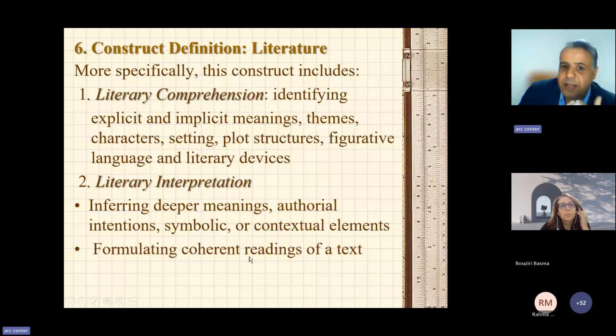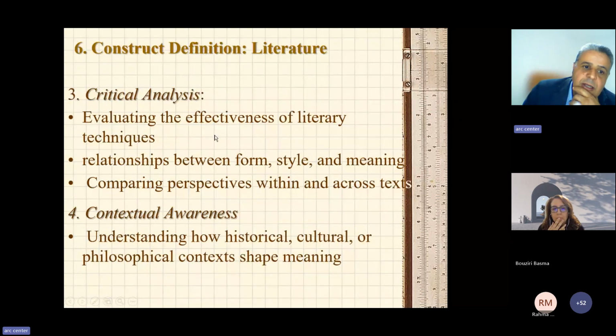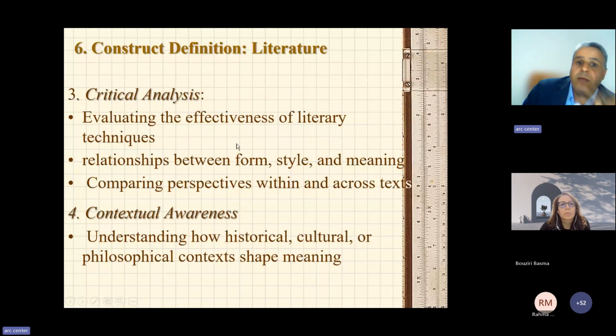Basically, with advanced levels here, we evaluate the effectiveness of literary techniques in a specific work, the relationship between form, style, and meaning, comparing perspectives within and across texts, and then contextual awareness, understanding how historical, cultural, or philosophical contexts shape meaning.